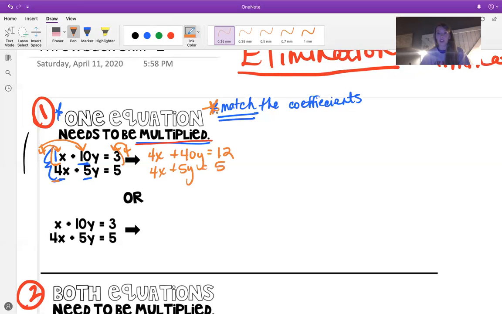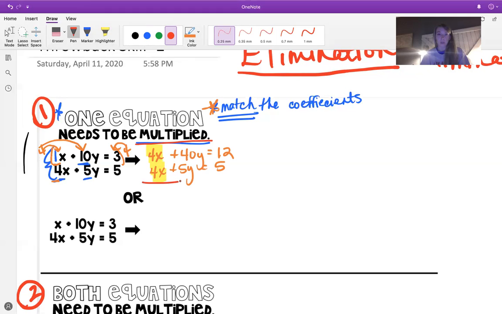All right, so like I said earlier, we're trying to match the coefficients. We did that right here. Those coefficients match up now, so I'm free to eliminate them. Okay, so in order to eliminate them, we want them to equal 0, so it's not there anymore.